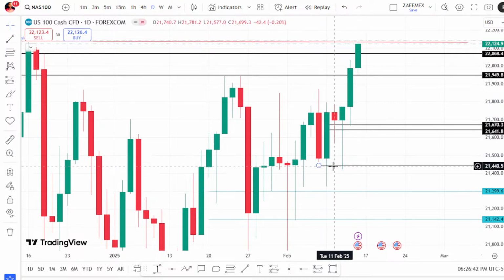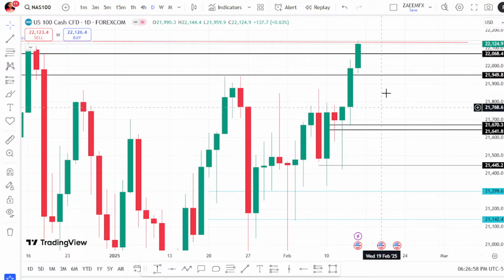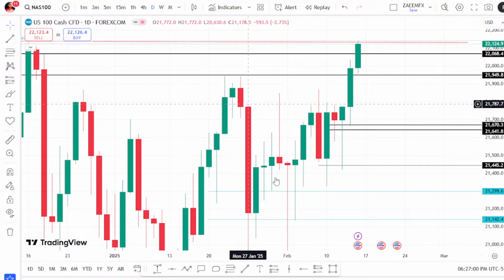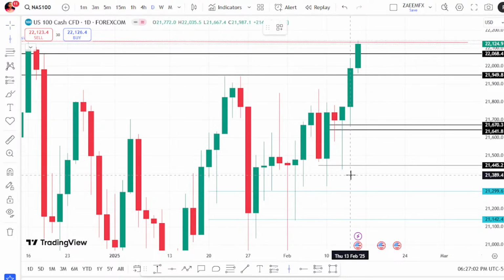Look at it. On Thursday, I took this trade from this level again. Look at these two levels that I was on. Once price hit them, then I was in. I will explain what I was saying here on Thursday as well as on Friday. This is Thursday.